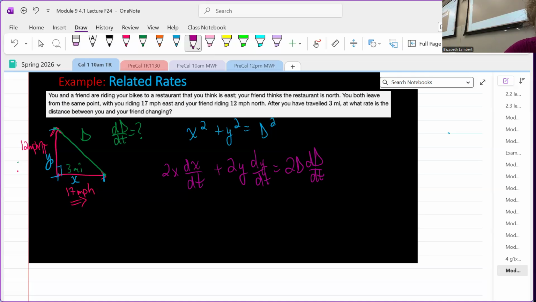So I'm looking for how distance, time, and speed relate. And for me, the way I remember it is that speed is typically written like miles per hour. Miles is a distance over a time. So my speed is 17 miles per hour. My distance is the 3 miles.